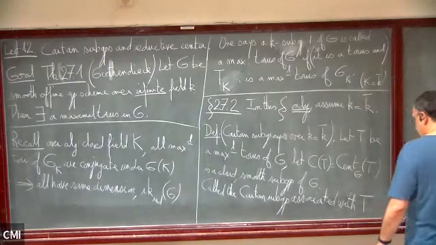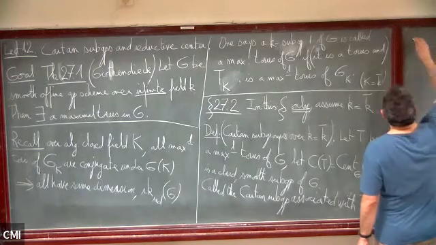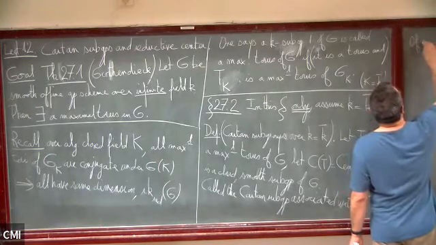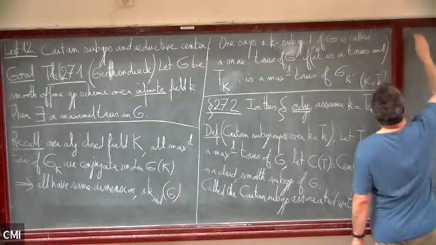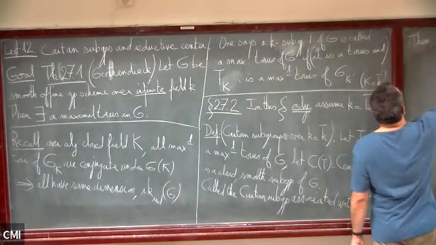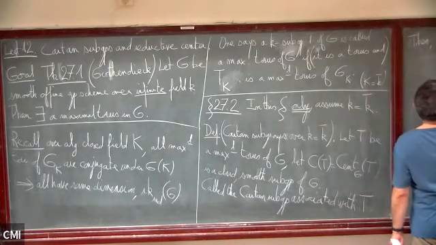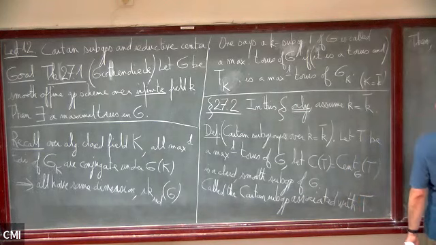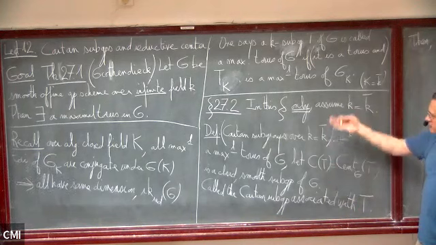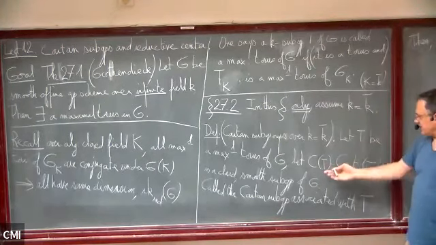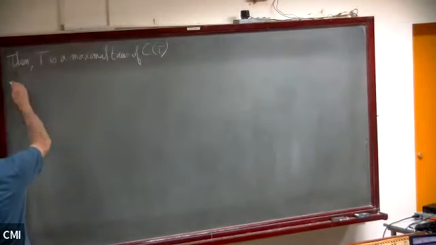And of course, then T is a maximal torus of C of T, because C of T is a subgroup of G, so as T is maximal in G, it has to be maximal in this one.